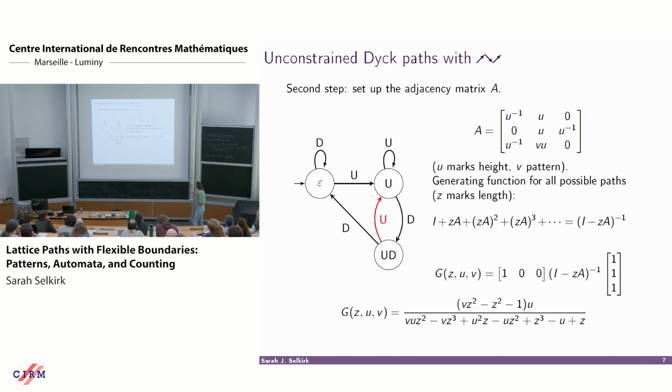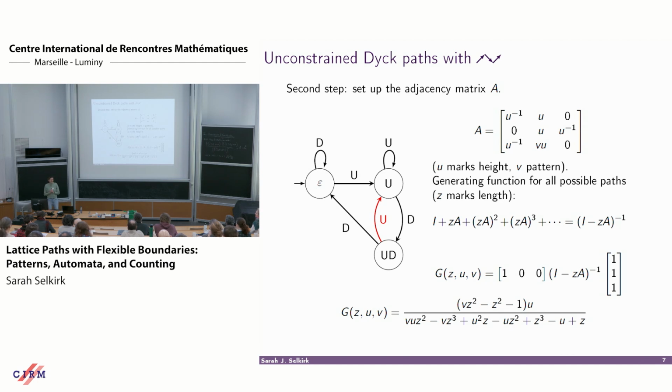And in order to take into account the fact that we have an initial state, where we're allowed to always start, and in this case, all of our states are final states, we take an initial vector, multiply it in, representing the first one being our initial state, and our final vector here, where we represent which ones are allowed to be final states. And in this case, we can then quite easily work out the inverse of a matrix, multiply it out, and we can get a generating function.